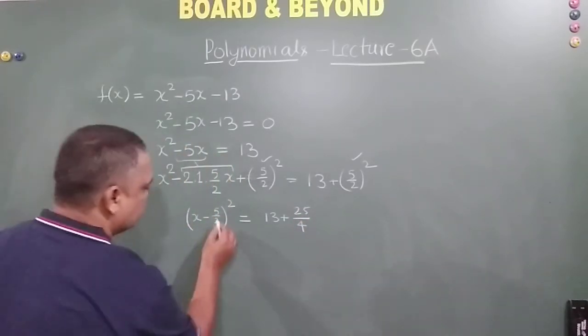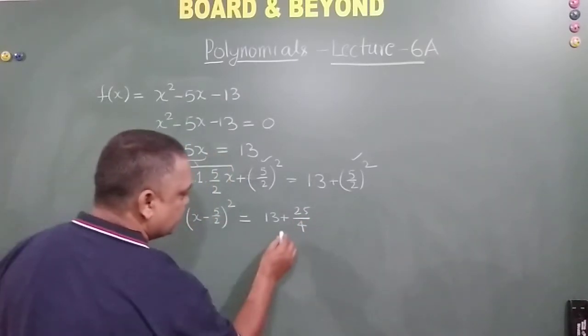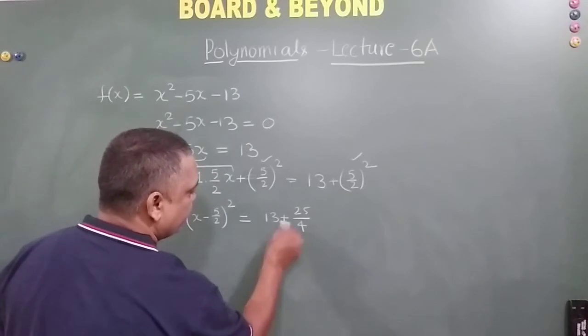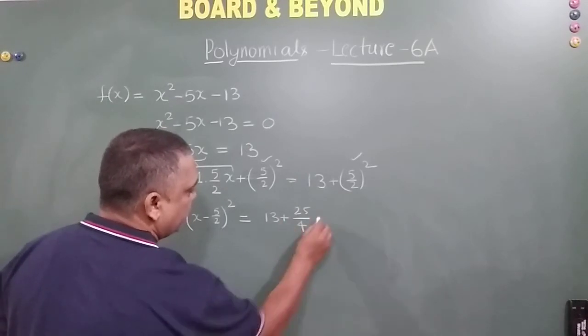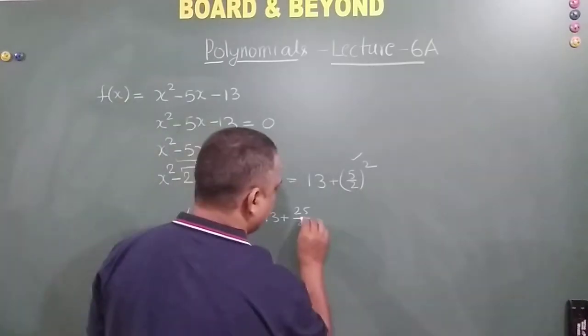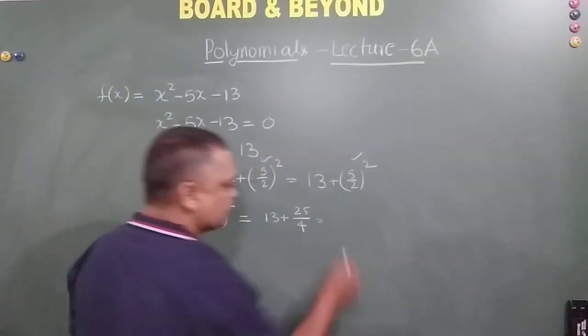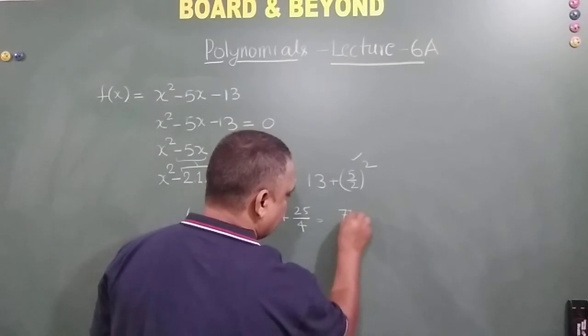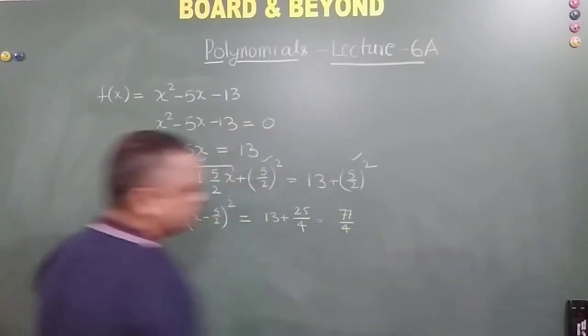Taking LCM, 13 into 4 is 52. 52 plus 25 is equal to 77 divided by 4.